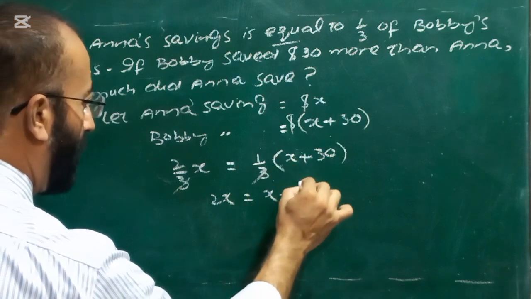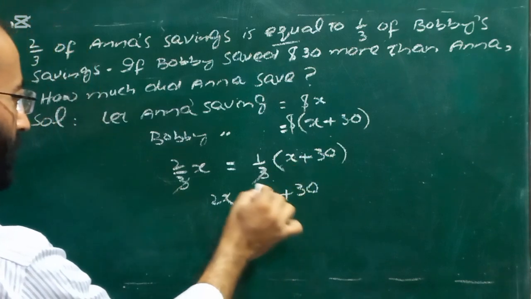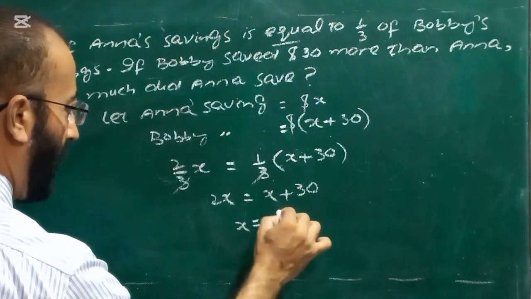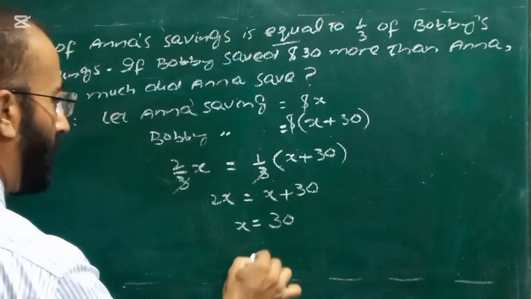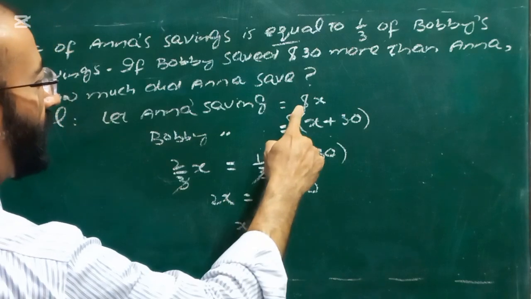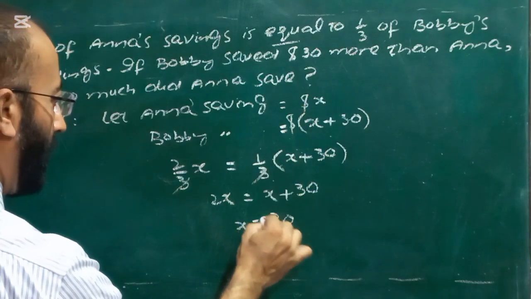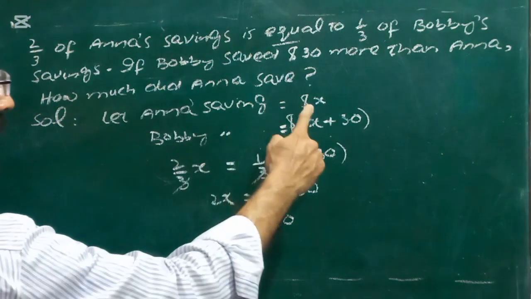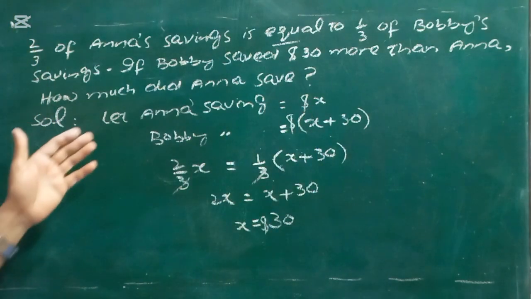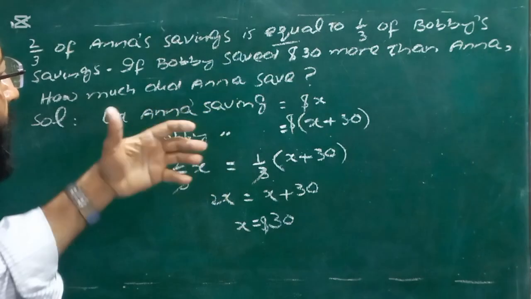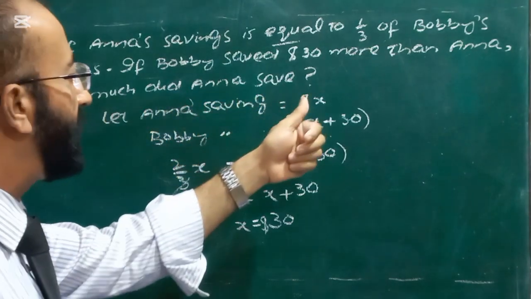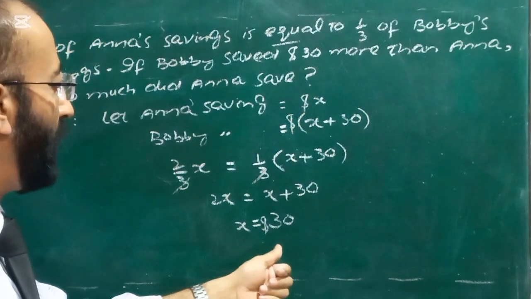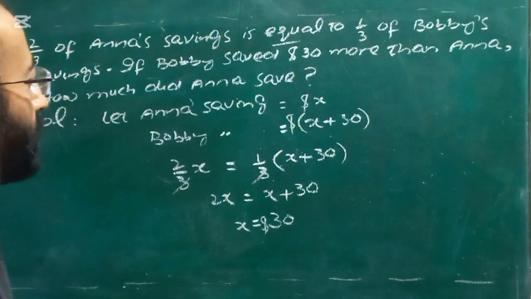So the bracket will be opened. This x will come to the left side. The remainder will be x. So x is equal to 30, and the dollar sign is used. So x is the savings of Anna. This was the requirement, Anna's savings. If we are required to find Bobby's savings as well, that is $30 more. So Bobby's savings will be $60.